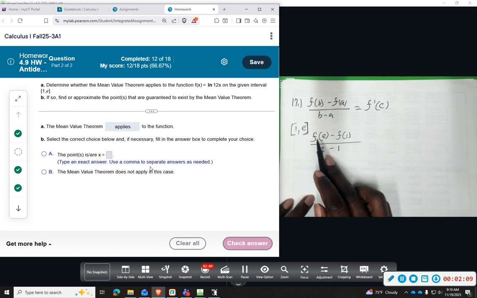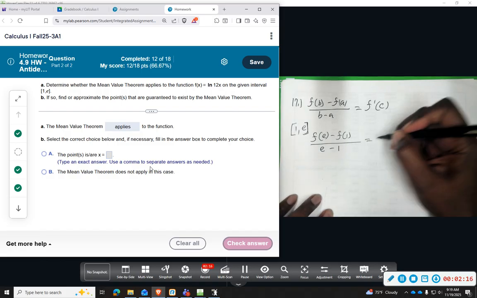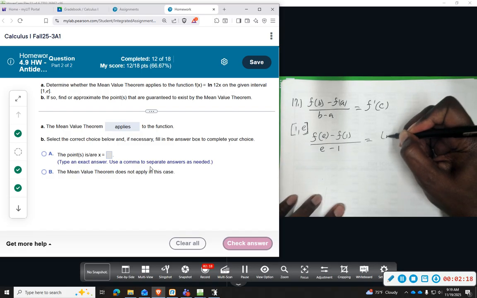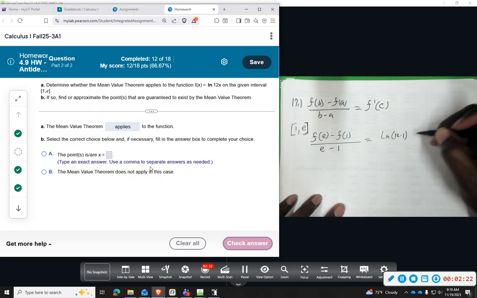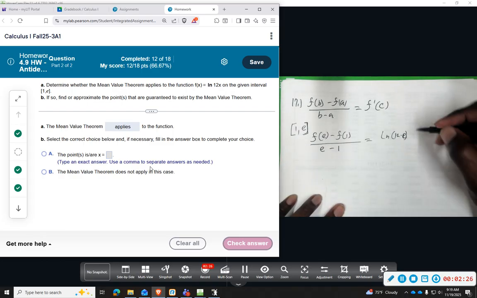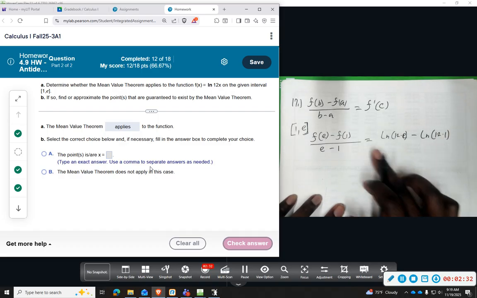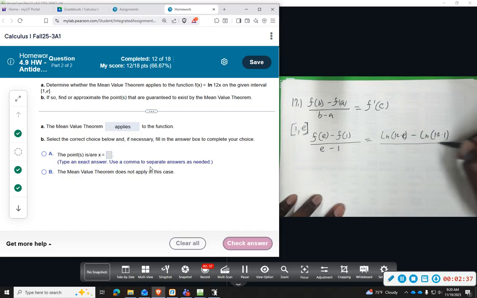We're going to plug in e and 1 into our function ln of 12x. So that's going to be ln of 12 times e, minus ln of 12 times 1. That's going to be our y values divided by e minus 1.